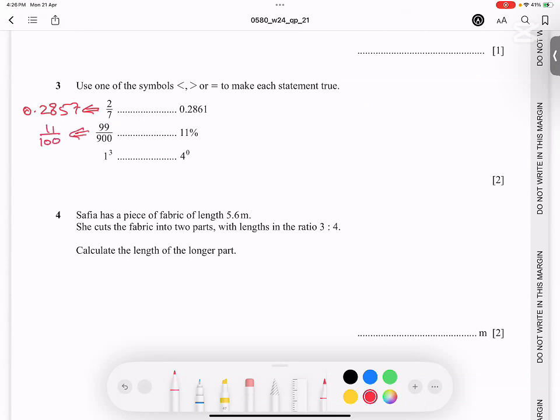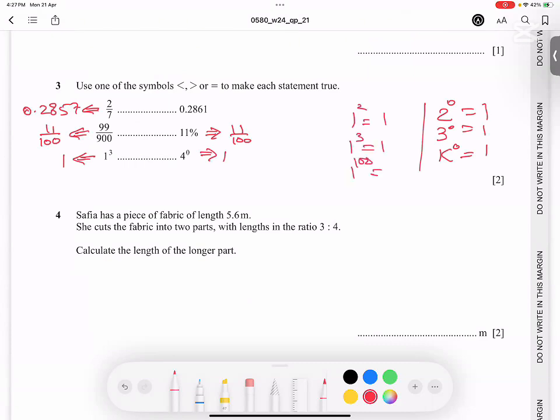Okay, and 11% is also 11 over 100. 4 to power 0, 3 to power 0, k to power 0, all values are equal to 1. So here I got 1, and something to power 1 is also 1. Look now: 1 to power 2 is 1, 1 to power 3 is 1, 1 to power 100 is also 1. So I think the idea is clear.